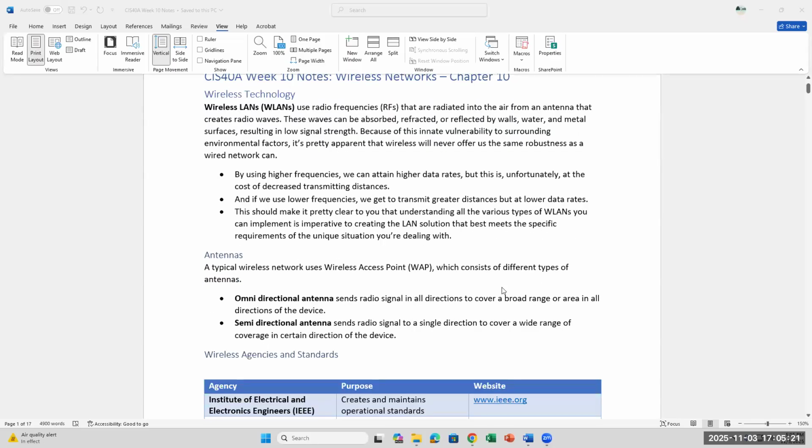Okay, so at the beginning, it talks about WLAN, or your wireless local area network. This consists of your access point or your wireless router and the connecting devices, right?